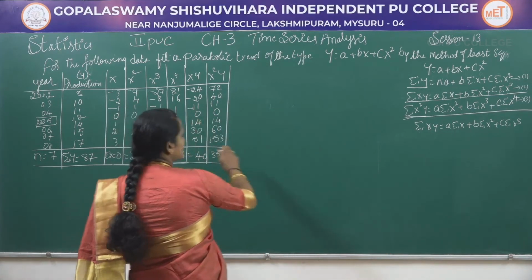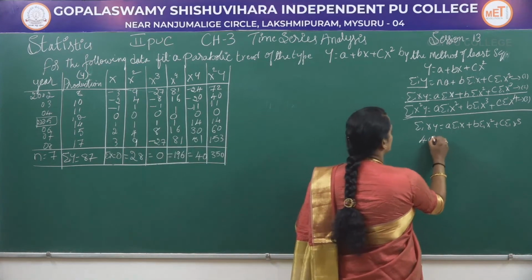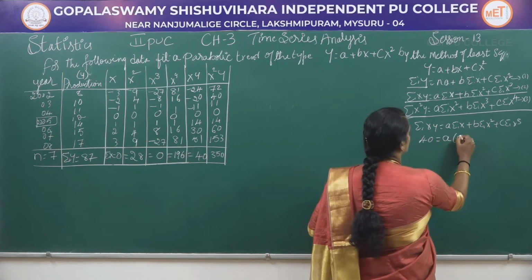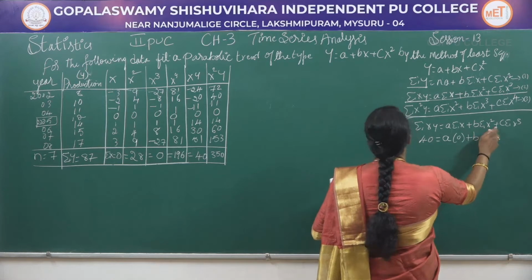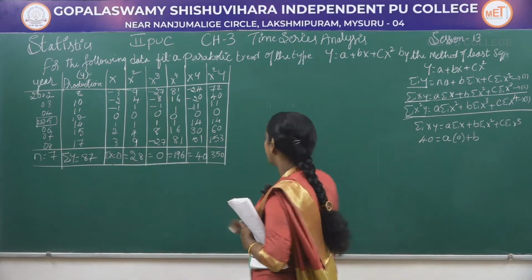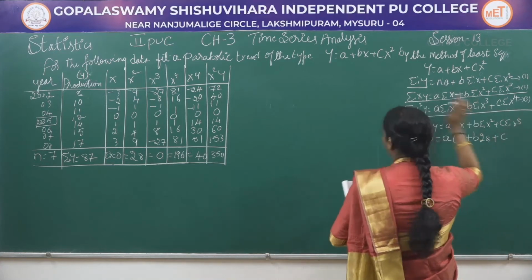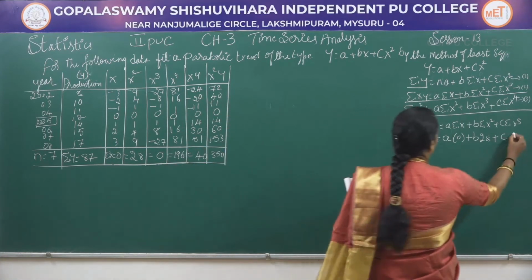Summation xy is 40, so 40 is equal to a into summation x, which is 0, plus b into summation x square, which is 28, plus c into summation x cube, which is also 0.